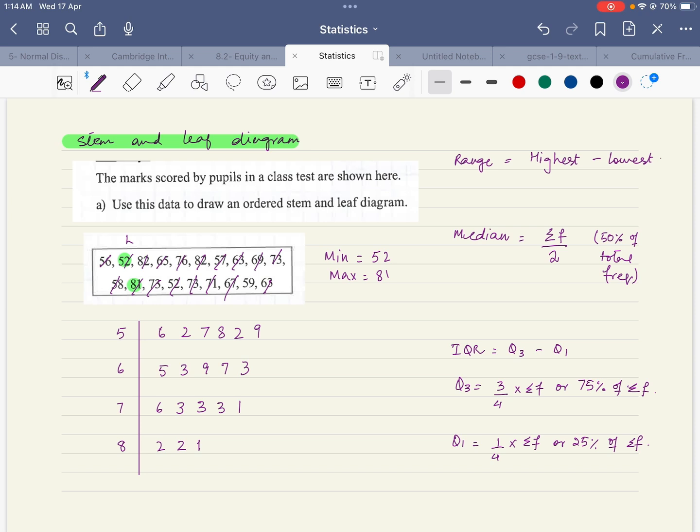Now let's arrange this data. Okay, how do we arrange it? 5: 2, 2, 6, 7, 8 and 9. Okay, 6, 7, 8 and 9.